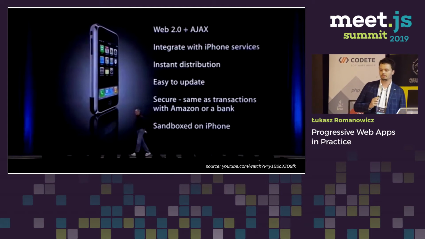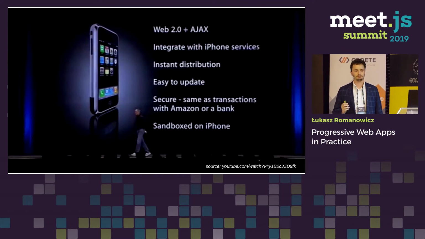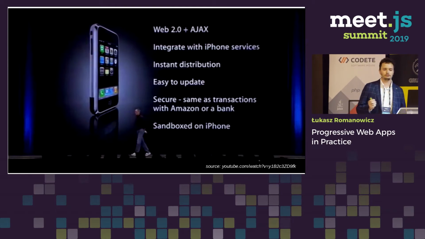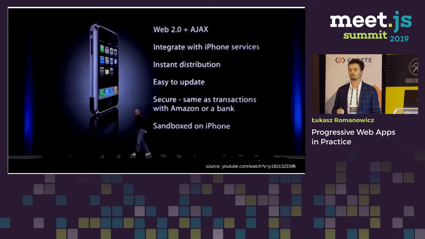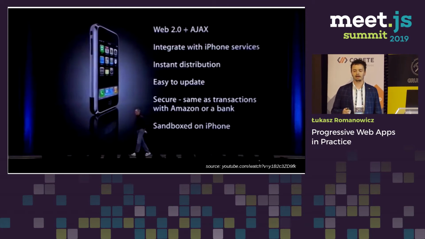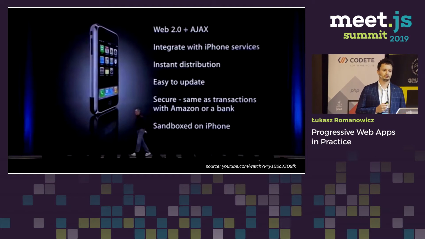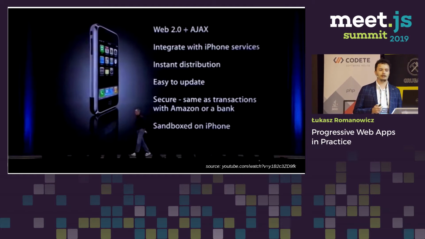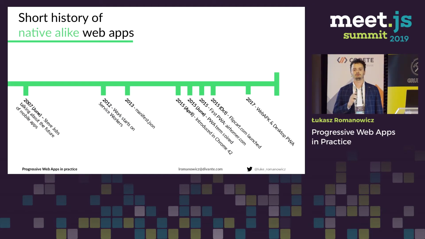He had a dream of web applications that run the same way as native applications, that can use all the features of Web 2.0, fetch data with Ajax, integrate with all the hardware that a smartphone has to offer, are easy to update, are easy to distribute. And that idea was in 2007.